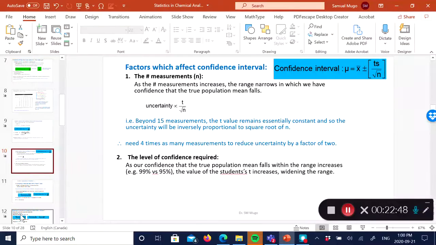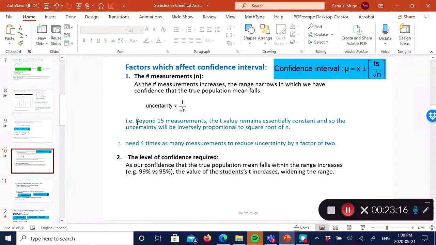And so just to summarize, some of the factors that affect the confidence interval, and I think it's fairly straightforward from this relationship, would be the number of measurements. How many times have you repeated the measurements? The more you repeat the measurements, the more confident you are that your true value lies within a fairly narrow range.